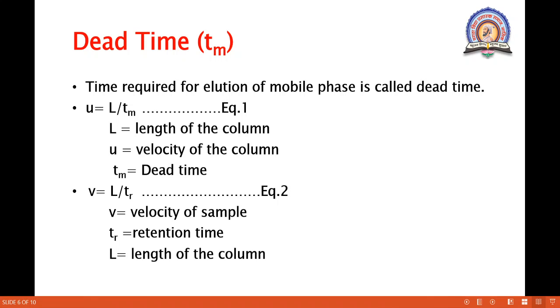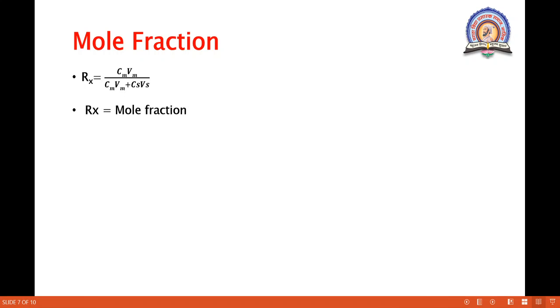Okay. Then the next is mole fraction. It is denoted by the letter Rx. Using this formula we find the mole fraction: Rx = (Cm/Vm) / (Cm/Vm + Cs/Vs). Rx is the mole fraction.